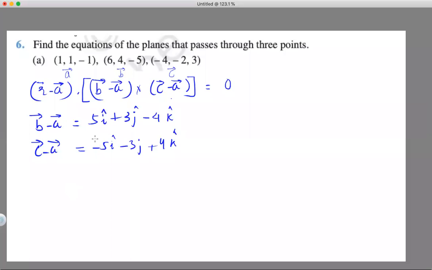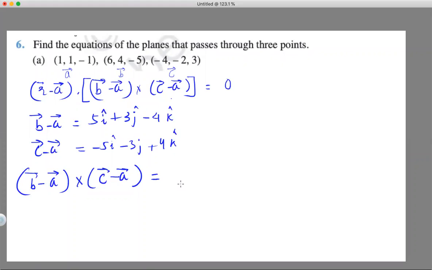Okay. Now we can actually find this by writing it in the determinant form and all that. But can somebody tell me what this result will be even without doing that calculation? 0.